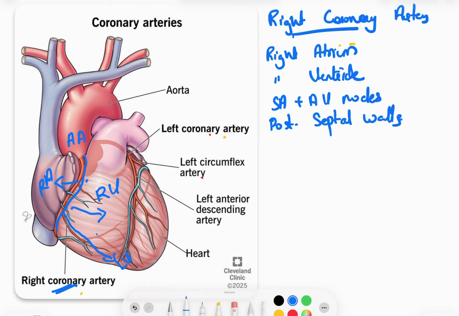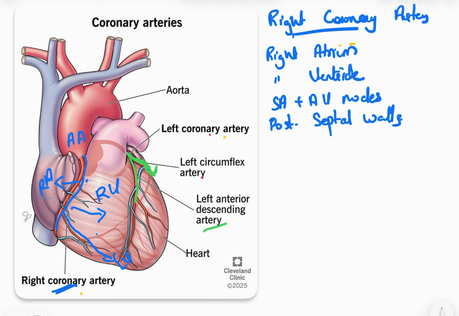Now we are going to the left coronary artery. It's blue. The left coronary artery has two branches, the left anterior descending artery and the left circumflex artery. We'll talk about the left circumflex artery first because it's easier. The left circumflex artery is going behind, going back.